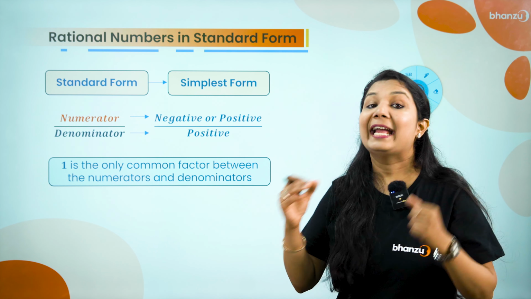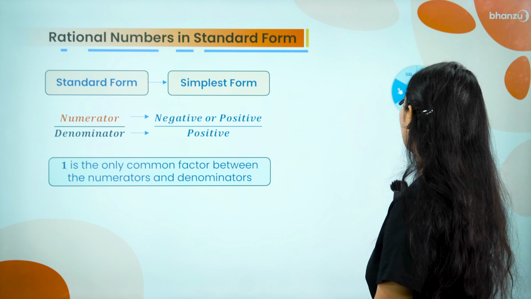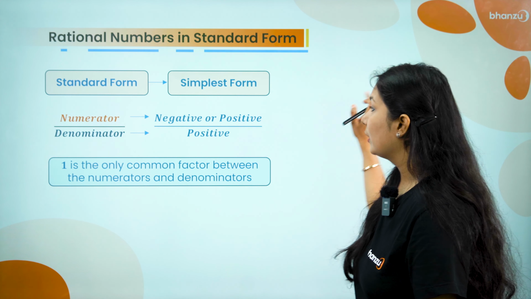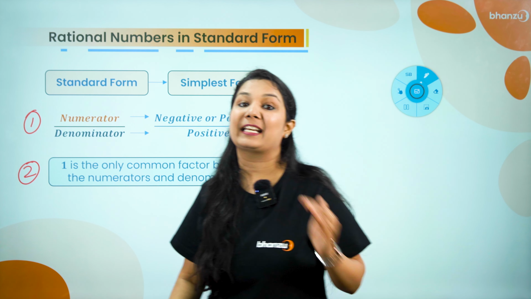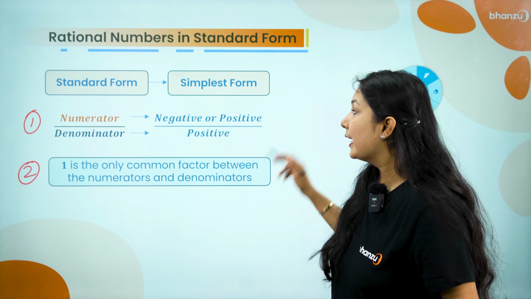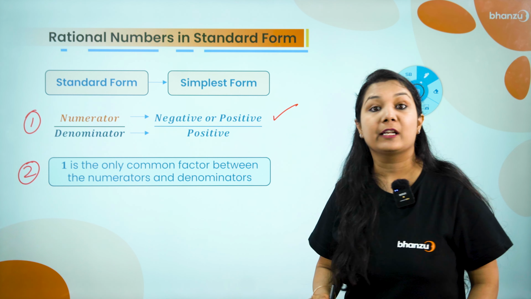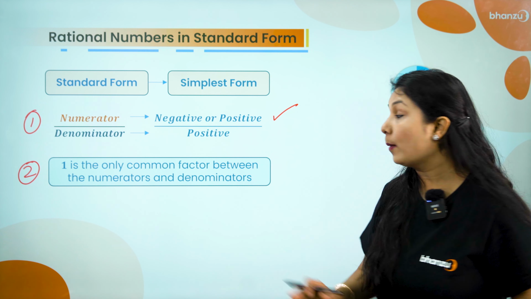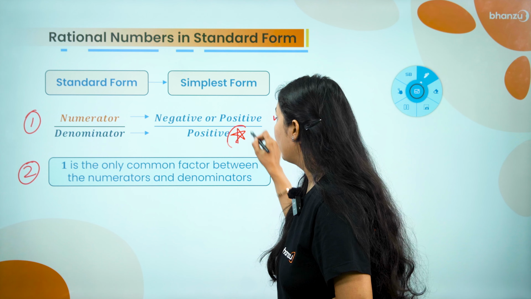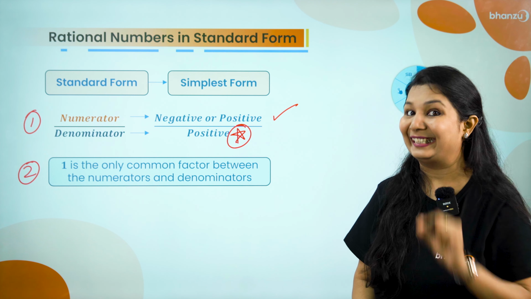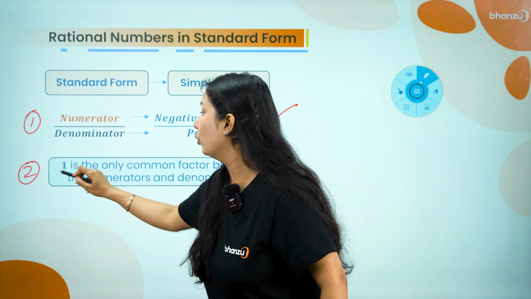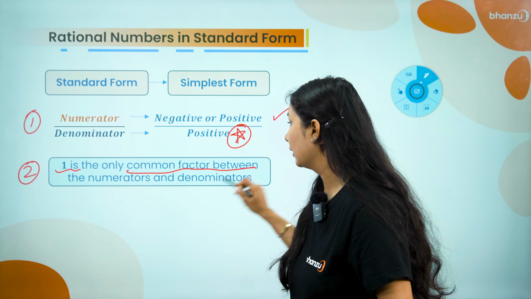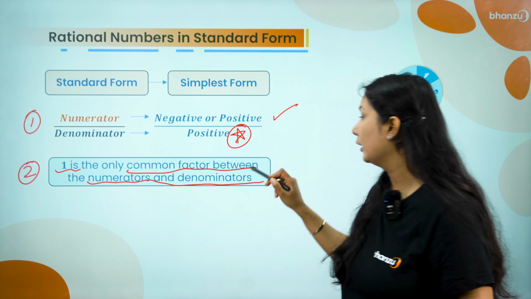So for calling any rational number in standard form, we have two different categories which should be satisfied. The first one is numerator can be either negative or positive, but the denominator should always be positive, a very important thing. Second, 1 should be the only highest common factor between the numerator and the denominator.